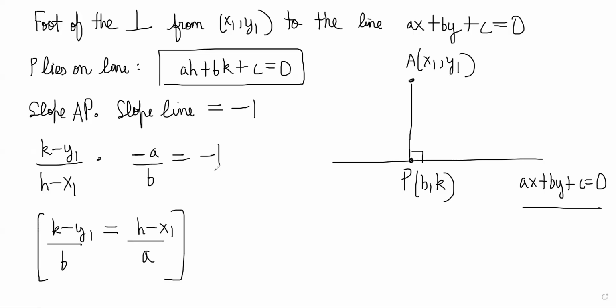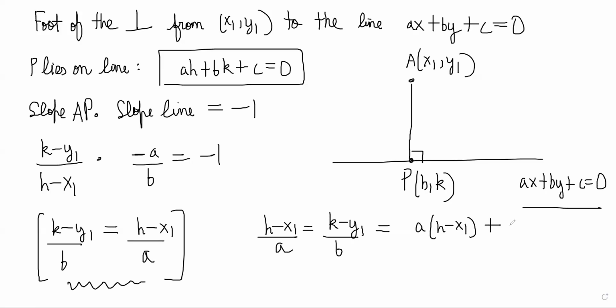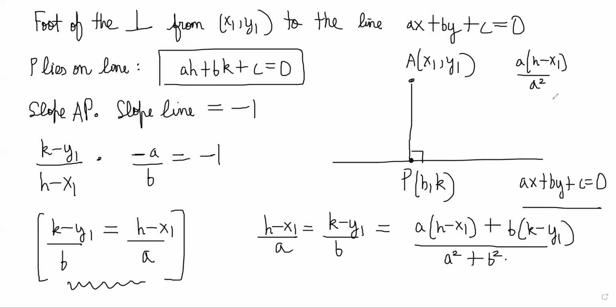Now, because of this condition, by ratio and proportion properties, we can write h minus x1 by a is equal to k minus y1 by b is equal to a times h minus x1 plus b times k minus y1 by a squared plus b squared. How am I getting this? Basically, a times h minus x1 by a squared is the same as h minus x1 by a.